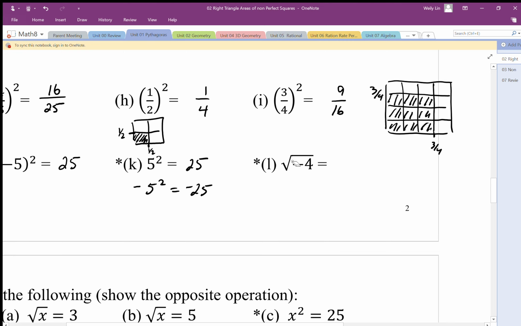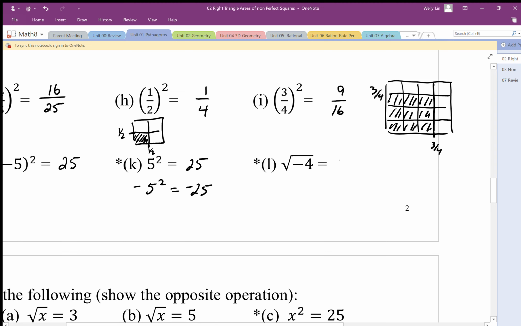But I need to multiply the same number by itself and end up with a negative. If I use -2 and -2 to get 4, that doesn't give me a negative. If I use positive times positive, that doesn't give me a negative either. So when I try to undo this square here, this is not possible with real numbers.